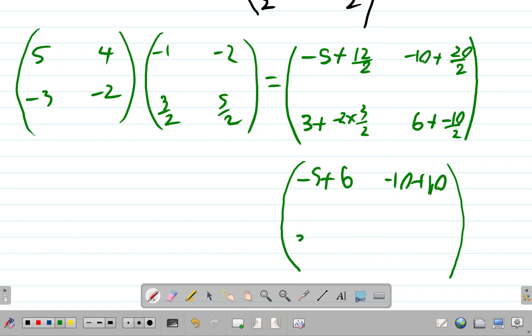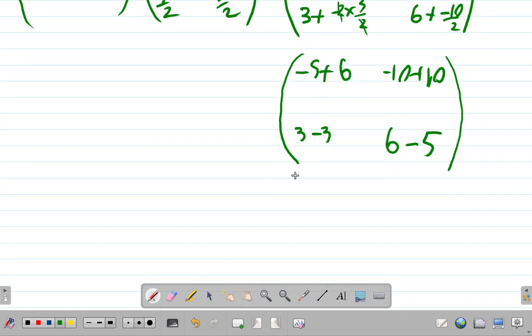Positive 3 plus negative 6 over 2, the 2s cancel, so it's 3 minus 3. This is 6 minus 10 divided by 2, which is 5. That's 6 minus 5.